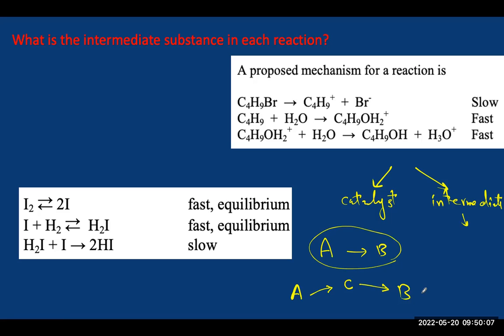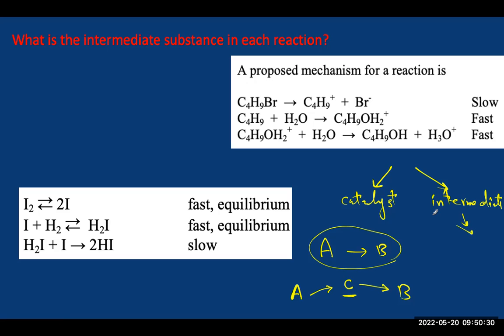So we have something like a transition state between A and B, and this helps A to form B, because it will be easier for them to transfer to C first and then C to B. So C here is not one of the reactants and not one of the products, but it's just like a transition state between the reactant and the product. This will be called the intermediate here.